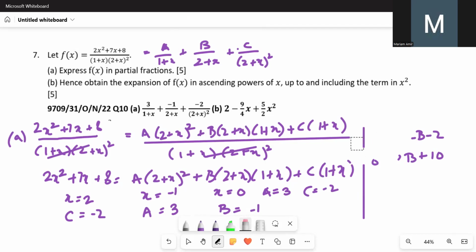So we have our partial fraction now. Replace a with 3, b with -1, and c with -2.